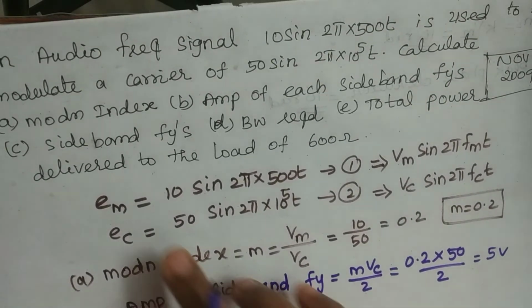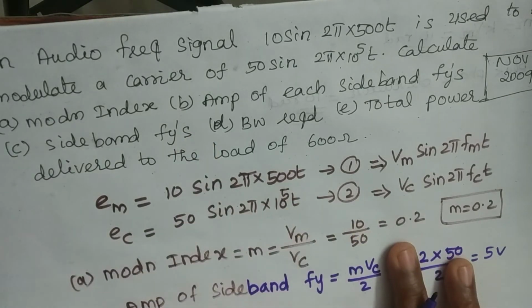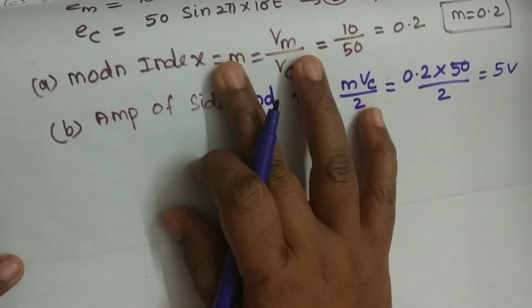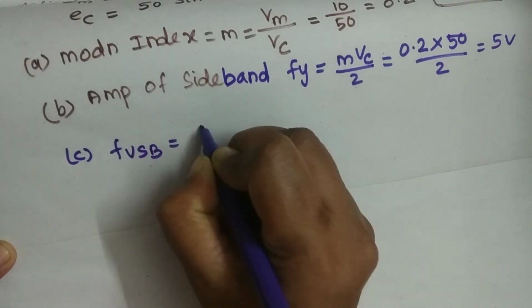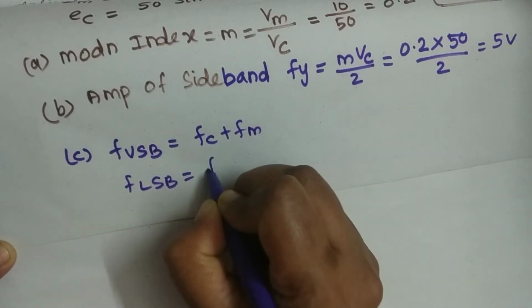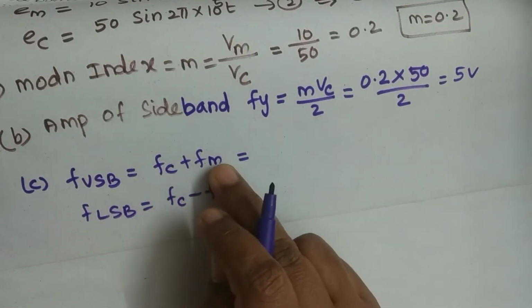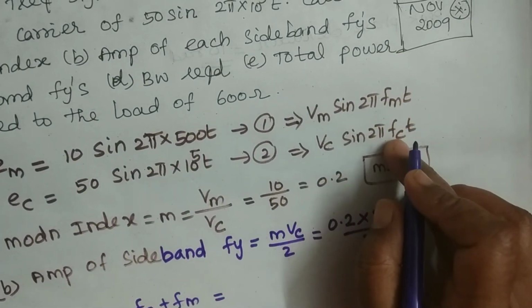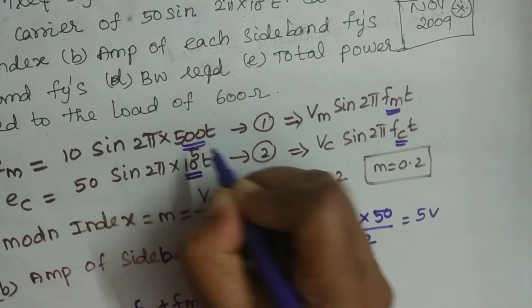Then in the third part, they are asking to find the sideband frequencies. We know that there are two sidebands for amplitude modulation, the upper sideband and the lower sideband. The upper sideband frequency is fc plus fm and the lower sideband frequency is fc minus fm. Fc is 10^5, that is 100 kHz, and fm is 500.